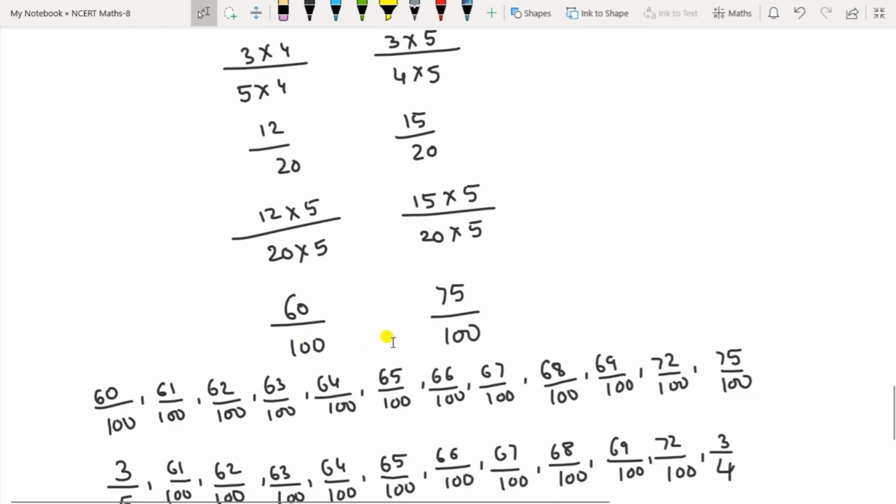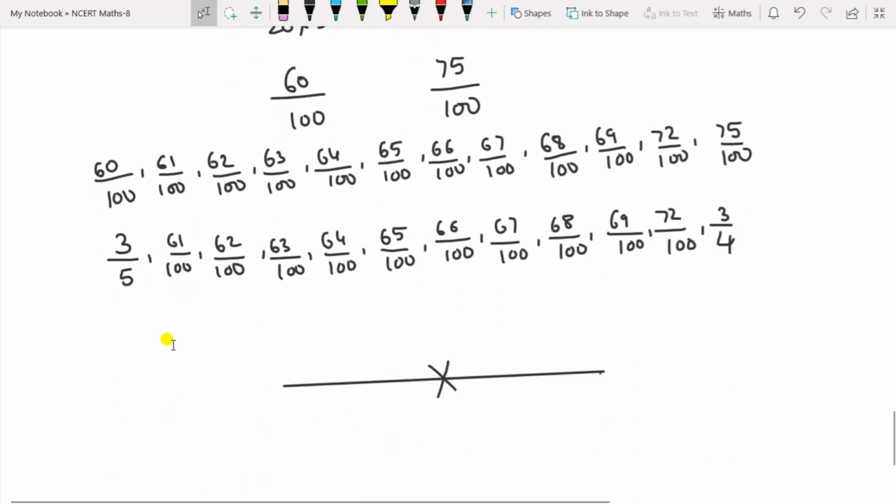So we get 100 as the denominator, and 60 and 75 as the numerators on the left hand side and right hand side. Now you will get enough of 10 numbers between 60 upon 100 and 75 upon 100. Write any numbers of your choice, and then substitute 60 upon 100 as the given 3 by 5 and 75 upon 100 as 3 by 4.